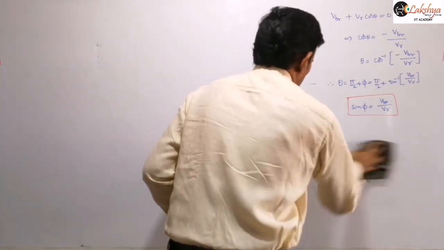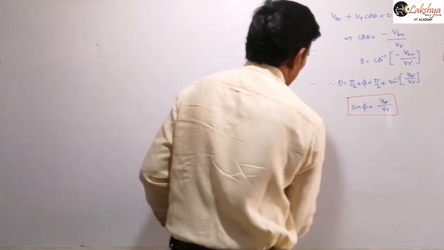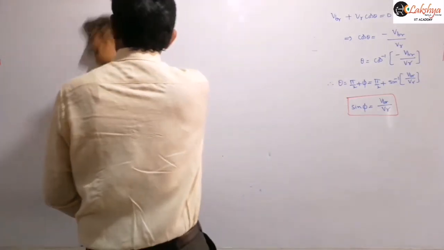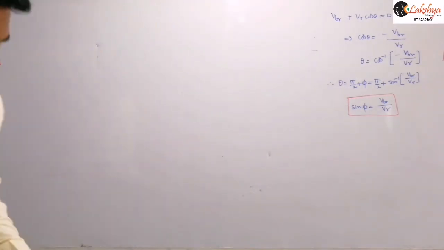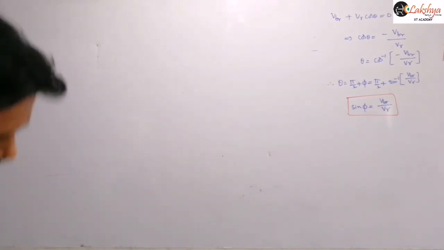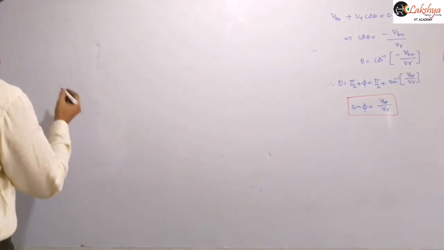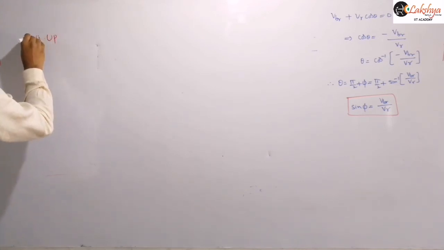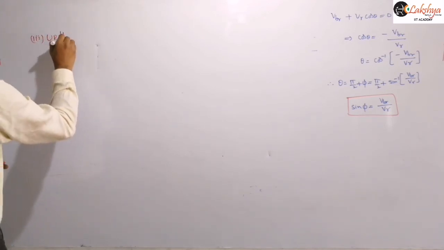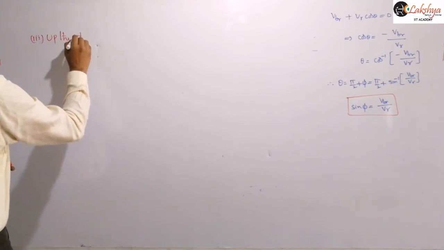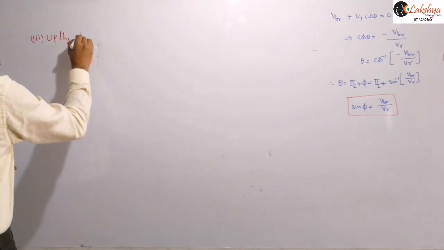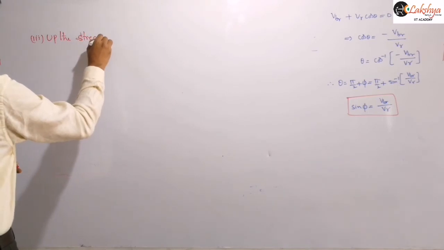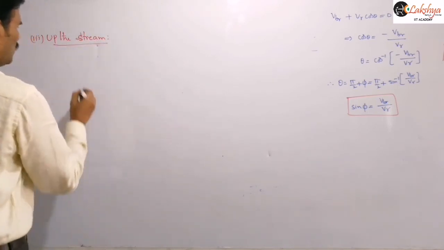Simple cases will also be there, like down the stream and up the stream. Suppose I am taking this as the first case, up the stream.